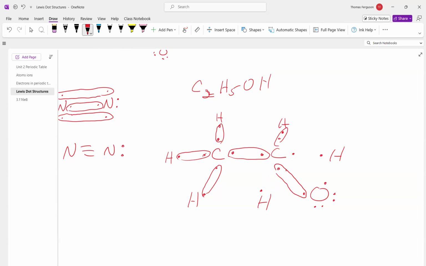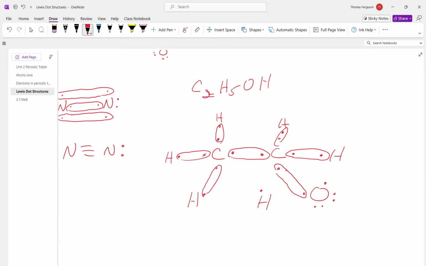Instead of connect, but then the oxygen wouldn't be connected to the carbon. We have 1 singleton left over, right? On the oxygen. Okay, so the carbon also has a singleton. So we got to clear these singletons up. We cannot leave them unbonded. Okay, one way to do it is, well, let's do this.